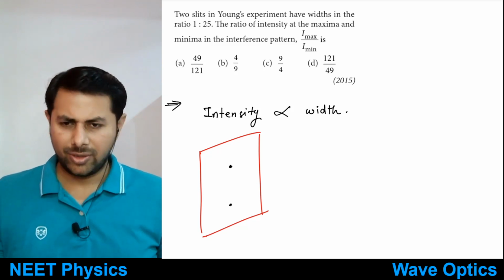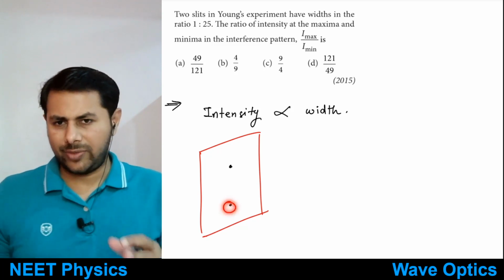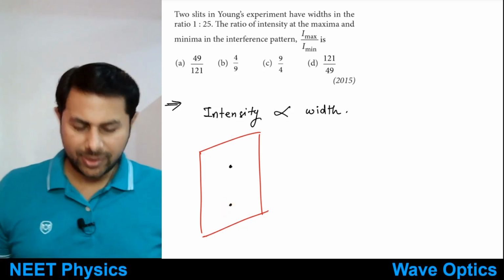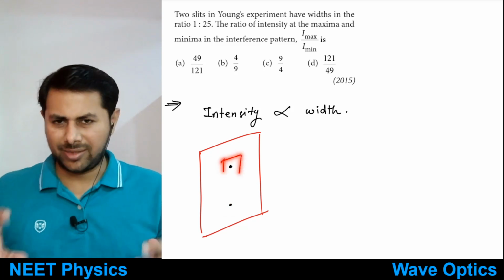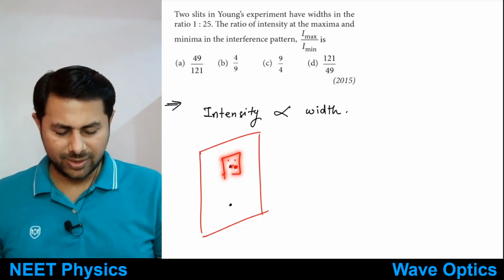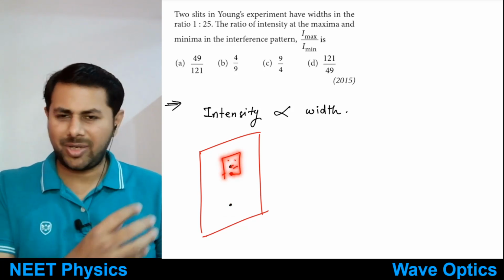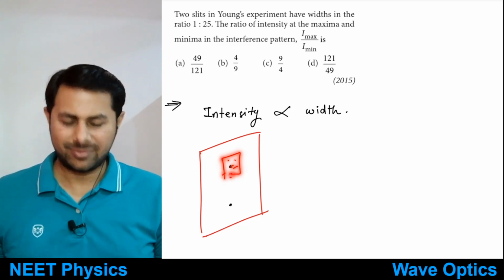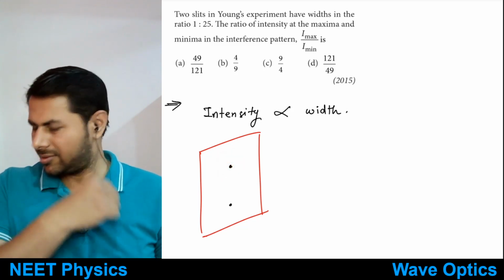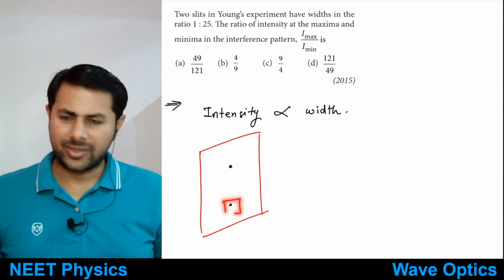You can think of it this way, because now we are not going into the photon picture. Otherwise it's very simple to understand. Width is twice means the number of photons coming out would be twice.